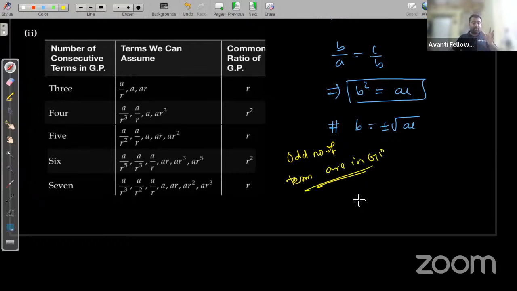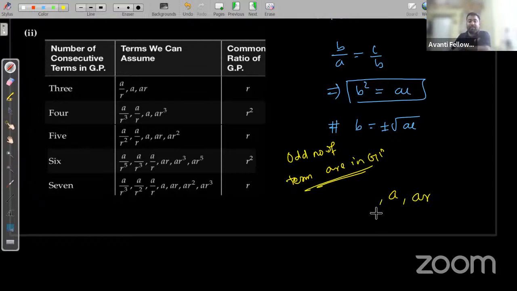Now, when you need to choose an odd number of terms of a GP, first write A. Then if the common ratio is R, what is the next term after A? It will be AR.